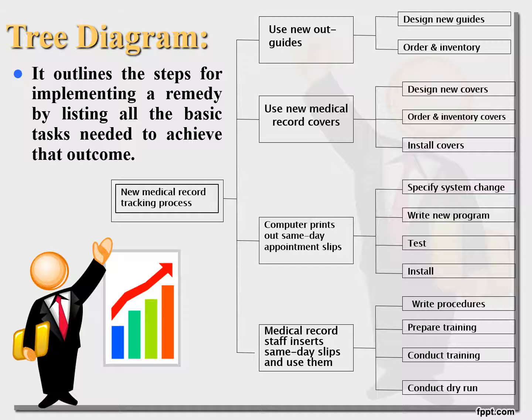And each of these tasks is divided into other detailed tasks as shown. For example, use new medical record covers is divided into design new covers, order and inventory covers, and install covers.